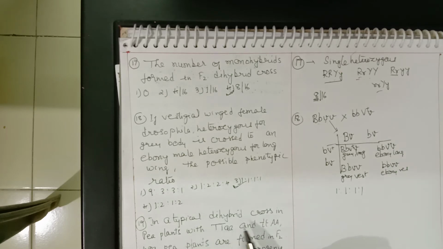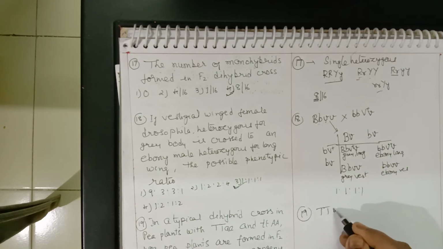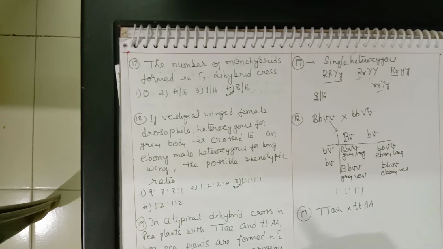In a typical dihybrid cross in pea plant, with the genotype capital T small t crossed with small t and A, capital T represents the tall condition, tallness. So this is the cross. 480 pea plants are formed in F2.